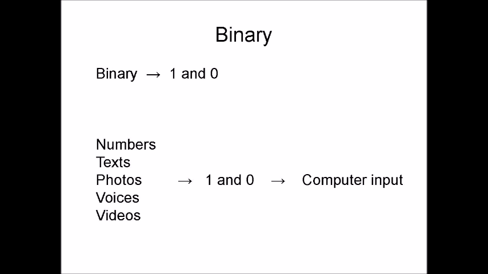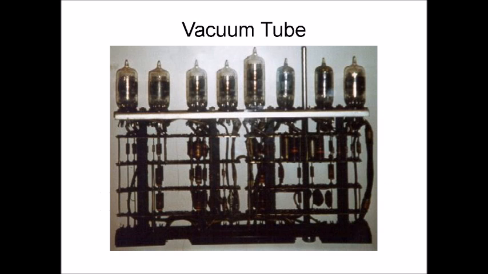As I said, a computer only processes information in binary form, in 1 and 0. Historically, engineers used the vacuum tube as a basic unit for processing binary data. This is a vacuum tube. Later on, scientists invented a device called the transistor to replace the vacuum tube.